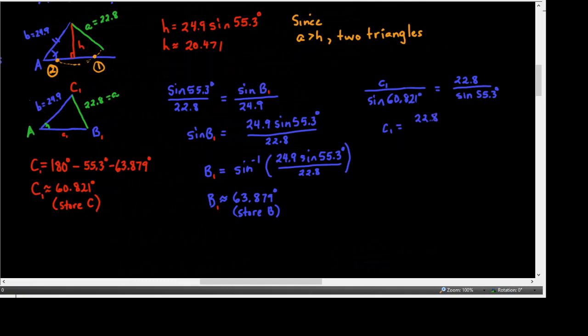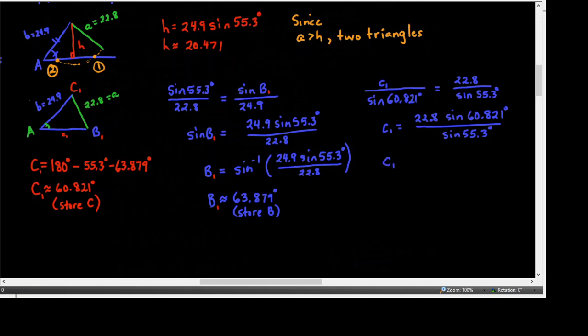Okay, so I'm multiplying both sides of the equation by the sine of 60.821, which I am not going to type back in my calculator. I'm going to pull up the stored value for that when I do the calculation in my calculator. Anything that you've rounded, you don't want to type back in. You want to reuse a stored value.